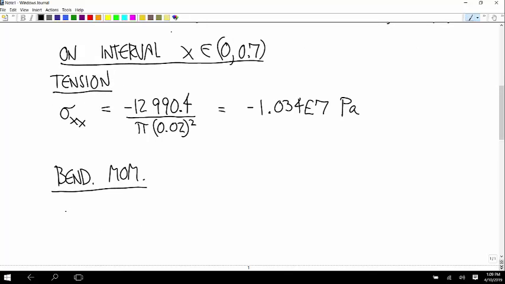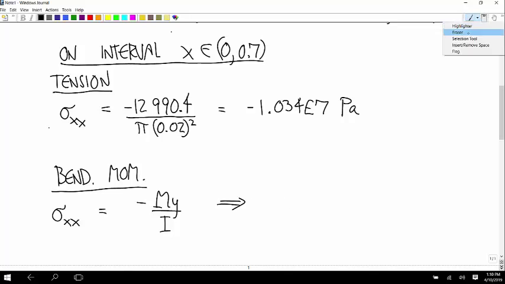Okay, so for this one, the stress is equal to negative My over I. We have to calculate that I. All right. So I is equal to pi r to the fourth over 4.